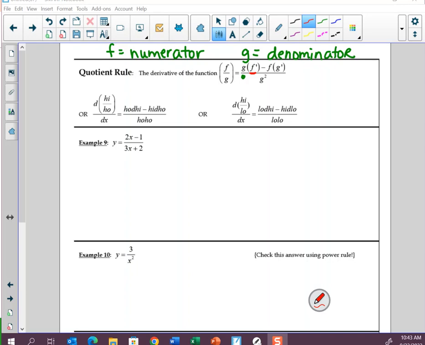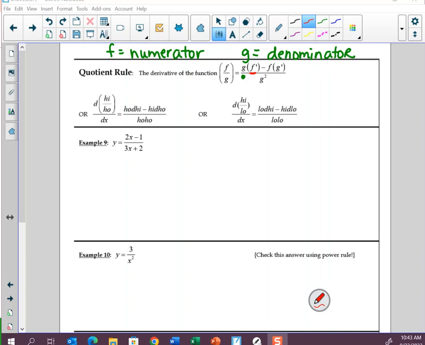So, whatever you do, whatever works, numerator and denominator, low and high, high and ho, whatever trick you can use, you got to memorize it. Denominator times the derivative of the numerator minus numerator times the derivative of the denominator.